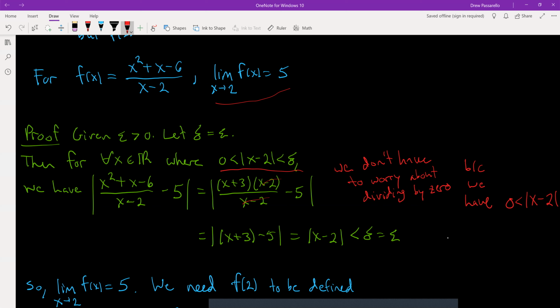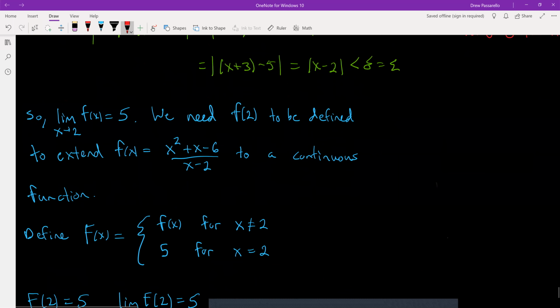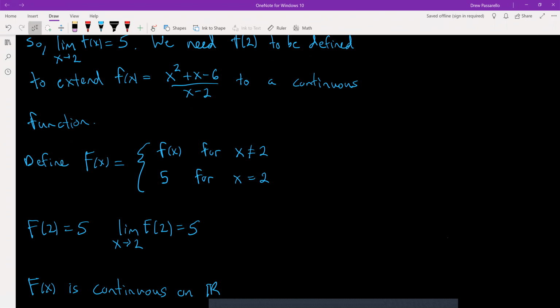Now to make the function continuous, we need f of 2 to be defined. So we can extend this function little f of x to be capital F of x, where capital F of x is little f of x when x is not 2, but capital F of x equals 5 for x equals 2.